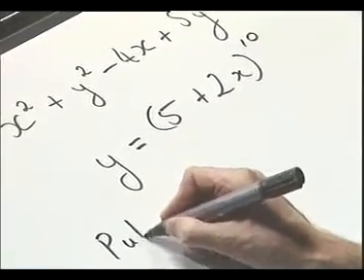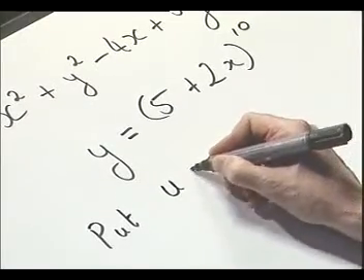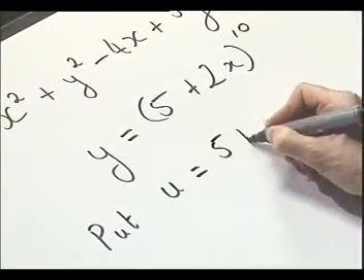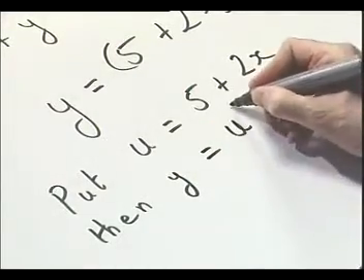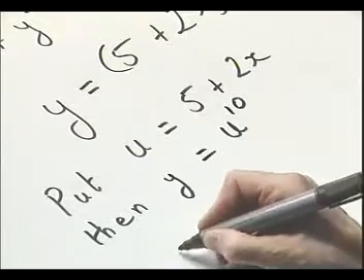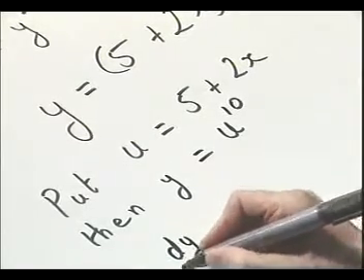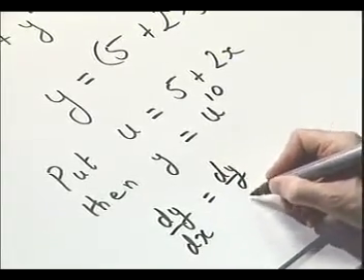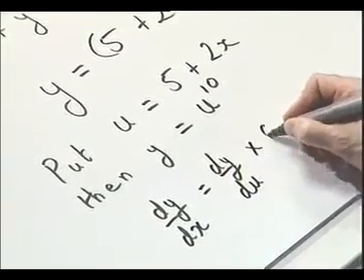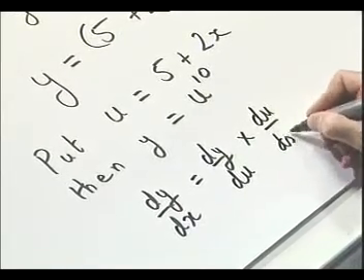Then the chain rule says that if I put u equals 5 plus 2x, then y will be equal to u to the power 10, and we can form dy by dx by doing dy by du times du by dx.